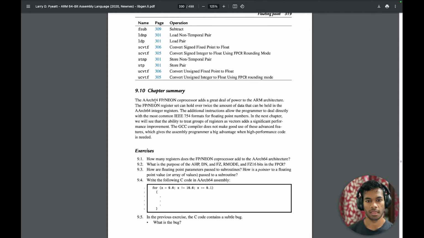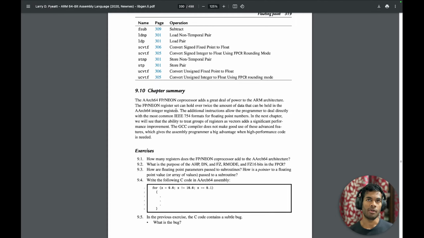For now, the AArch64 FP Neon coprocessor adds a great deal of power to the ARM architecture because this gives us dedicated units to do single instruction multiple data operations and for doing floating point arithmetic. We can do floating point arithmetic with the FP unit and SIMD instructions with the Neon unit. In general, the AArch64 FP and Neon coprocessor is the same. They are one and the same unit, and they are embedded in the processor nowadays.